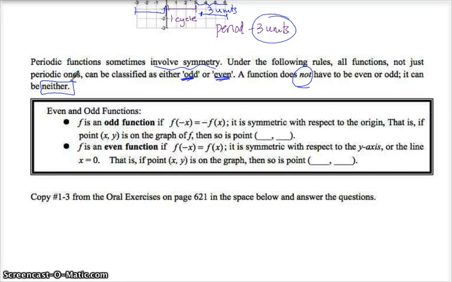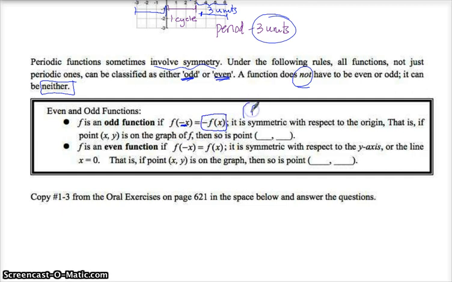Okay, so how do you know if something's odd or even? Well, you can look at it visually to know, and you can also look at it algebraically to determine if something is odd or even. The algebraic way, so if something is an odd function, that means when you put in the opposite of x, so if I put in -x into the original function, I would get the opposite y.